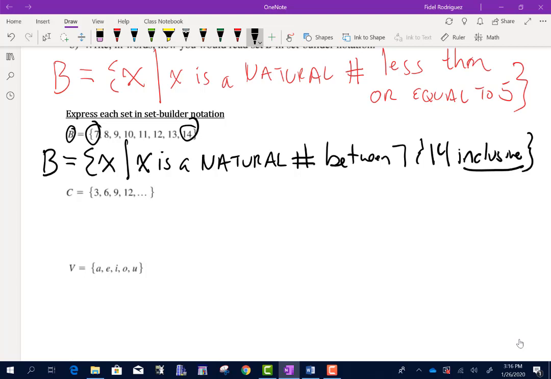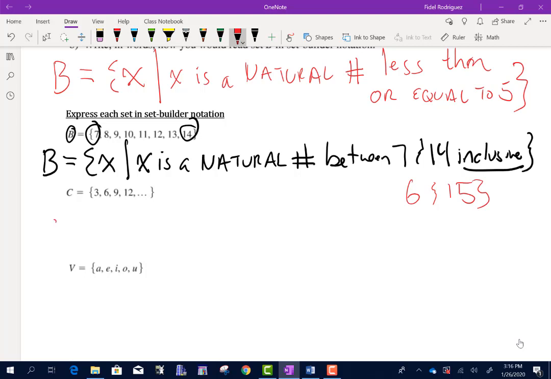Now, if we didn't want to use the word inclusive, then we would have gone one number smaller and one number bigger. So we could have said between 6 and 15, because we need to go one bigger, since we're actually looking at the numbers on the inside.